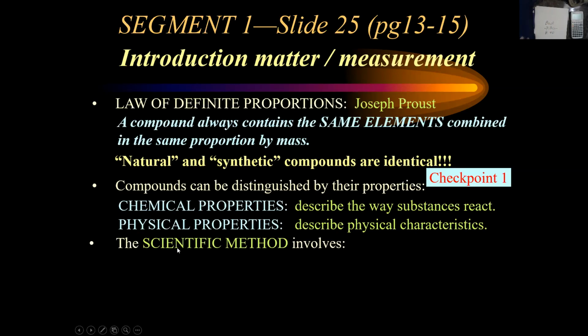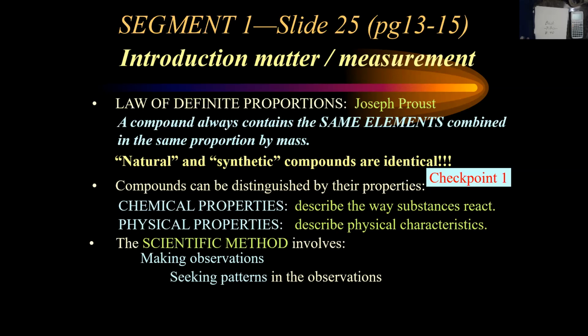We do our science by a method called the scientific method that involves making observations. It involves looking for patterns within the observations. See if you see things that are similar in groups within all these observations that you made. You would group them and find the ones that are similar to each other.